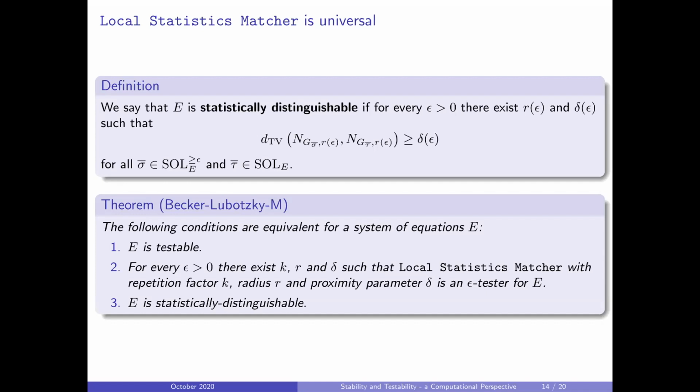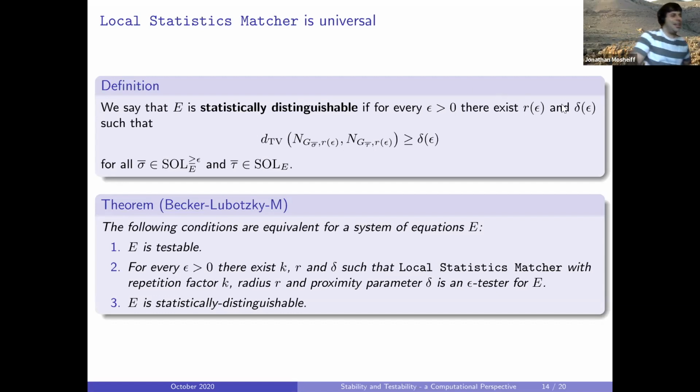All I have to say is that this is an interesting question and should be studied system of equations by system of equations. I don't think there is something general to say about it. Okay. Yeah, I tend to agree.